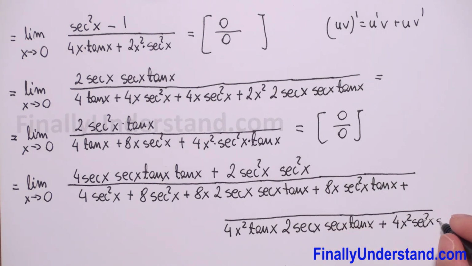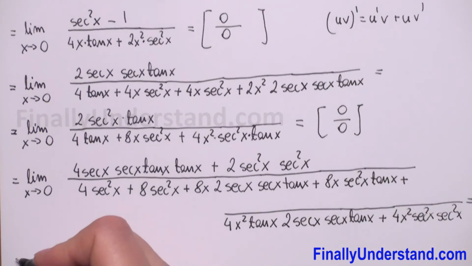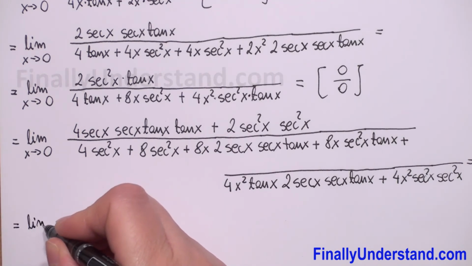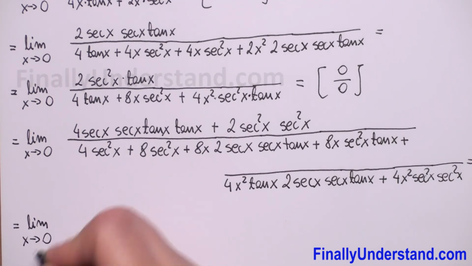Derivative of tangent is secant square of x. So this is equal. We have limit as x approaches 0.